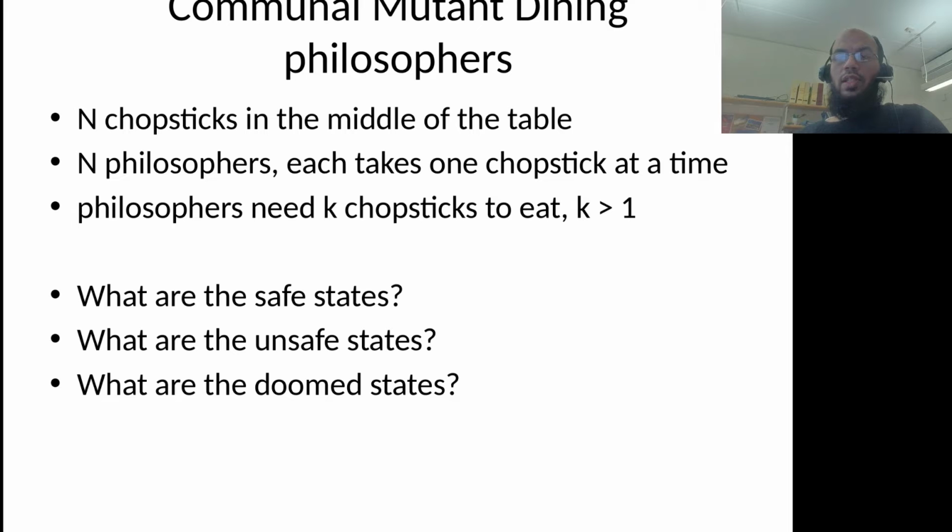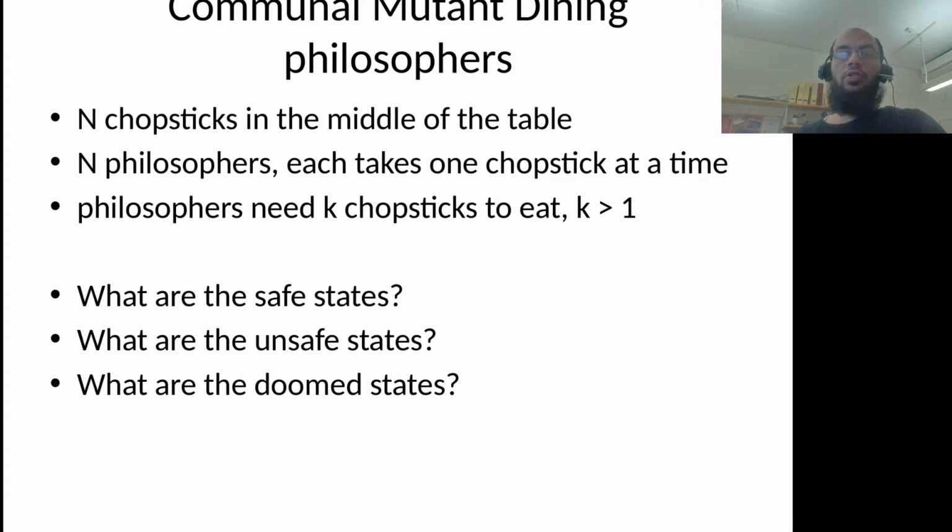That way you will end up with the possibility of another deadlock, which is that you might end up in a situation where two philosophers have two chopsticks each and one is left, which is insufficient.